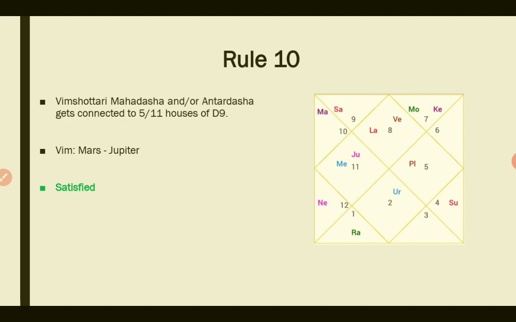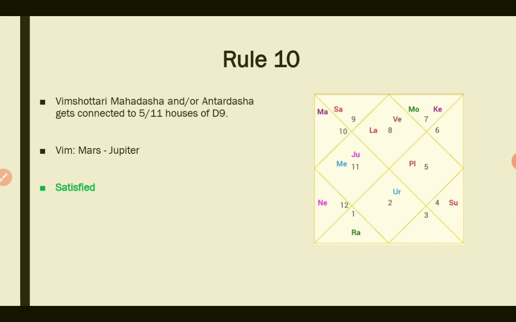If we look at the 5th house, that is 12. 12 means Pisces. Pisces is ruled by Jupiter, right? The 11th house is Virgo. Virgo is again ruled by Mercury. So now let us look at the Dasha sequence.